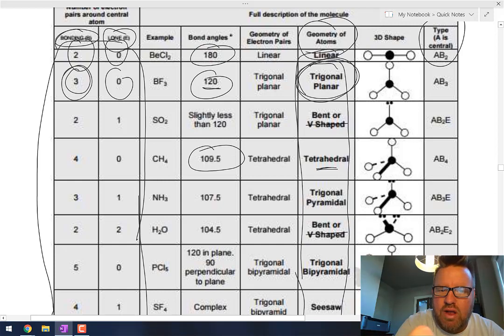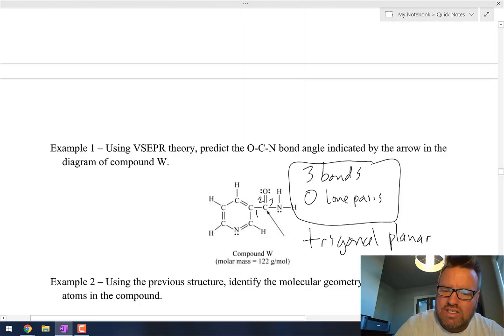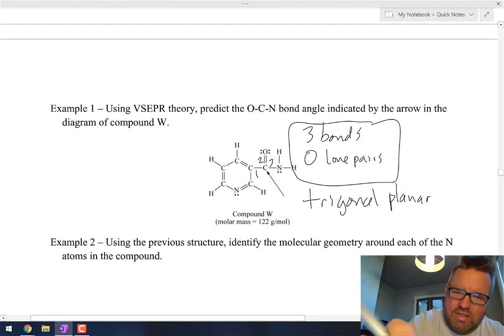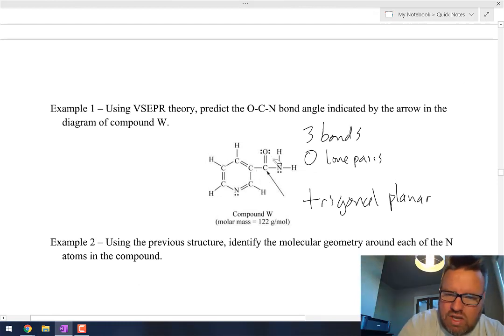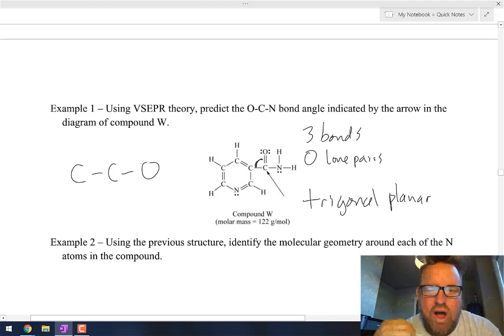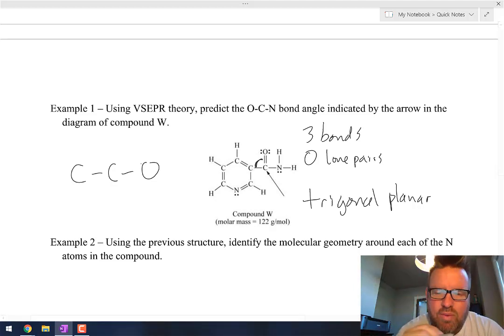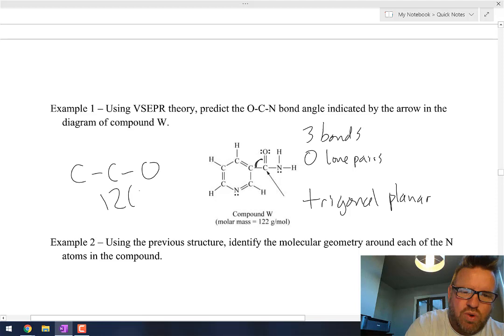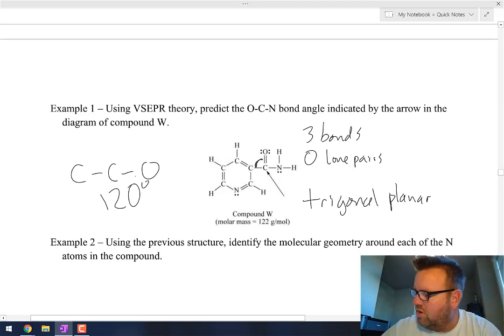And what are the bond angles? They didn't ask for them, but if they did, you might call this angle the carbon-carbon-oxygen bond angle around that carbon, and you would say that is 120 degrees.